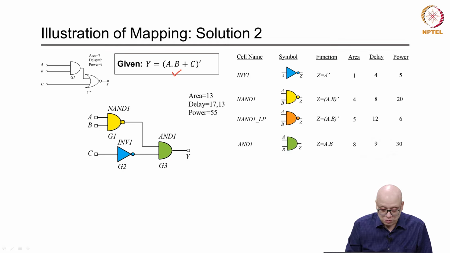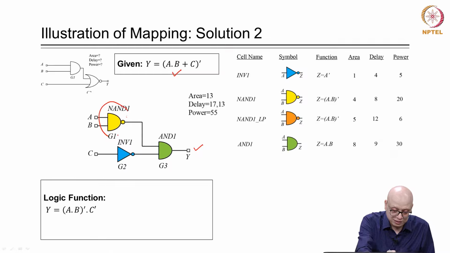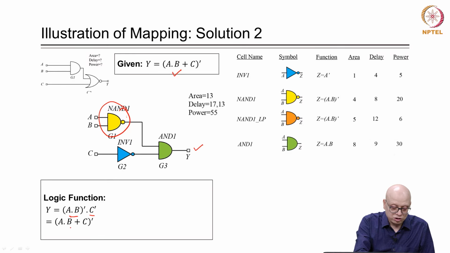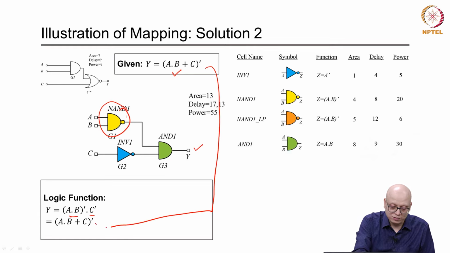For the mapped netlist, we can write Y = (A·B)' because of this NAND gate, and then we take the AND with C', that is Y. If we invoke De Morgan's law, we can easily write it as (A·B + C)', which is nothing but the given function. So these two are equivalent.